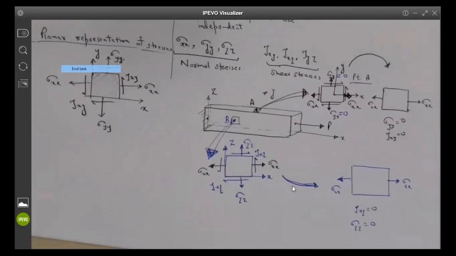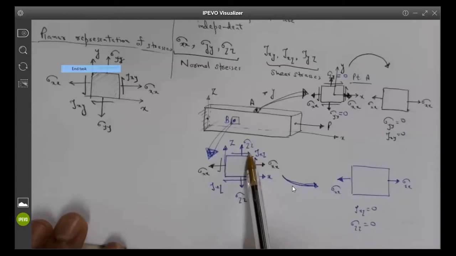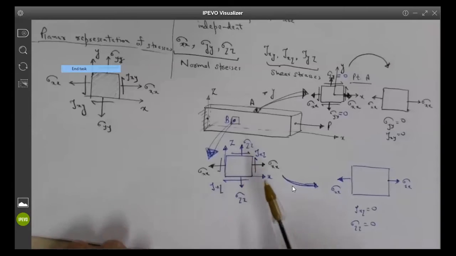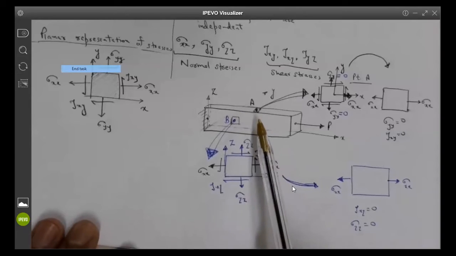Professor, good question. How come there's no tau xz if tau xz is going in the same direction as the force P? Like the tau xz on the one on the top? So you have to remember that shear basically comes if there is some sliding in the material happening.